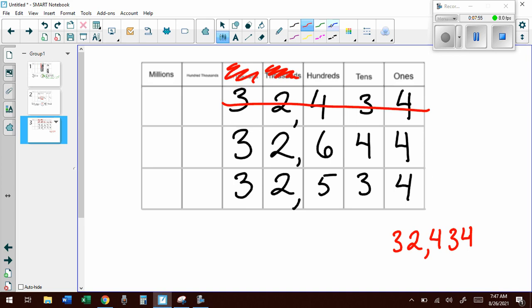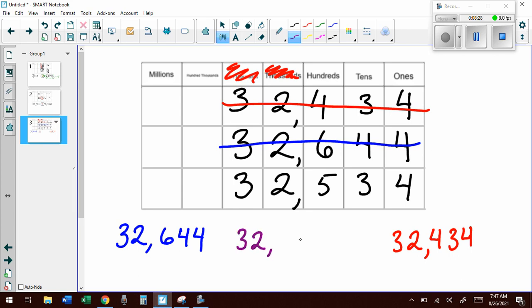Now we need to find the greatest number here. And looking at that, the 3 is the same, the 2 is the same, and the 6 and the 5, which is largest? The 6. 6 is more than 5. So way on the left now, we have 32,644. And the remaining number that would go right in the middle of these 3 numbers is 32,534.